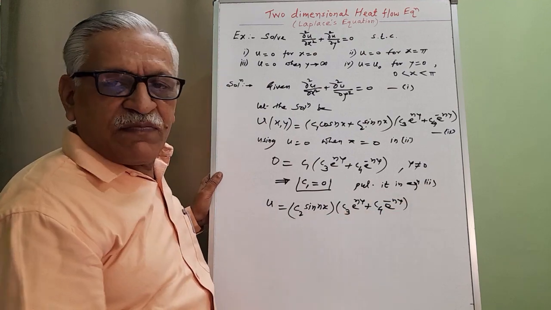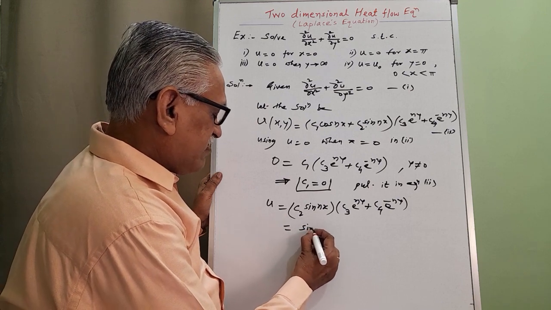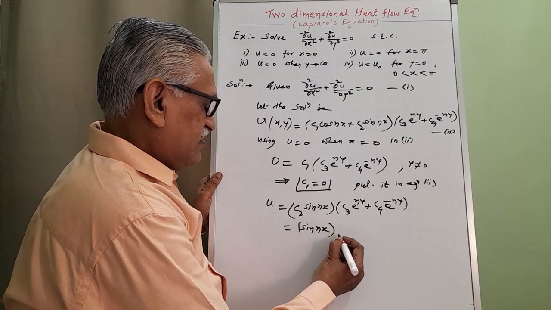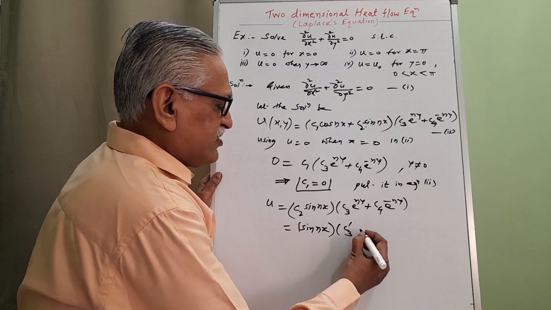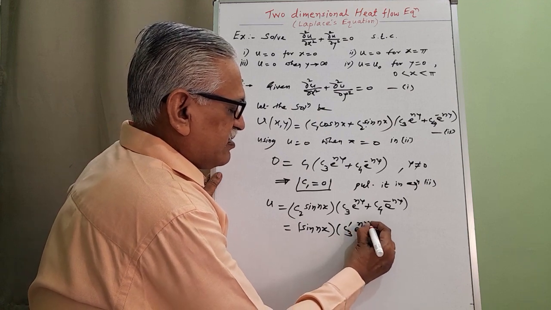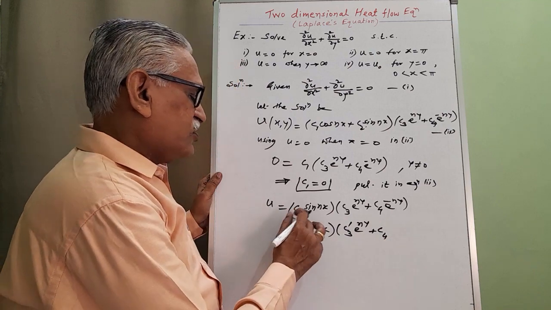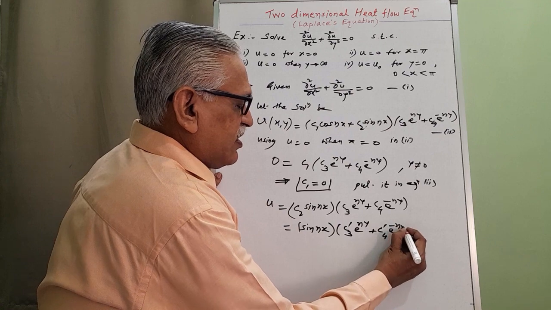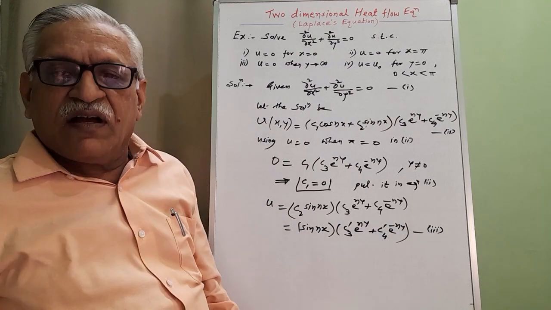Multiplying by c2 inside the bracket, we get sin nx times (c2 c3, a new constant, we call it c3 dash, e^(ny), plus c4 into c2, a new constant c4 dash, e^(−ny)), and we call this equation 3.